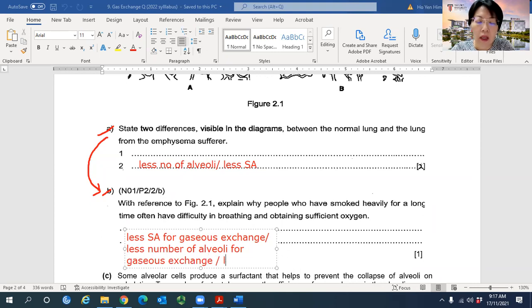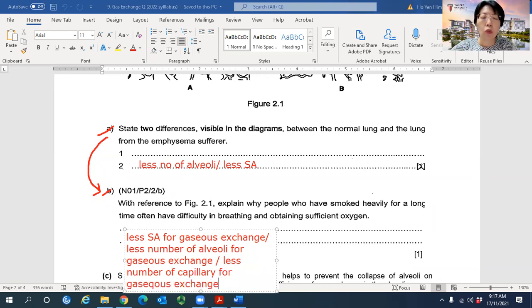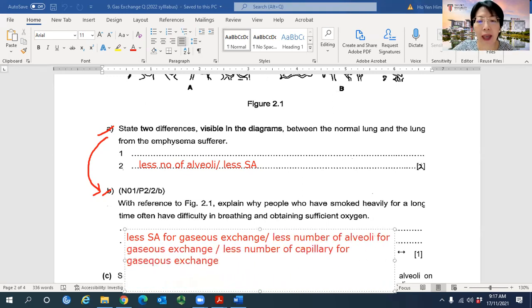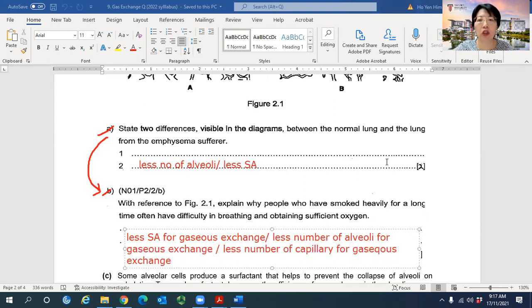You can also say there are fewer capillaries for gaseous exchange. It's the same, because when the wall is missing, you already know that the wall also contains capillaries. So when you don't have the wall, you will not have the capillaries as well. So fewer alveoli, fewer capillaries, less surface area for gaseous exchange. Therefore, this person cannot get enough oxygen.